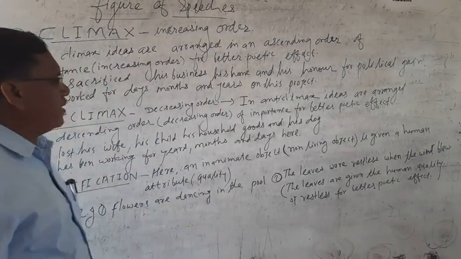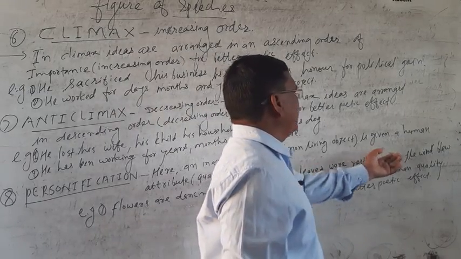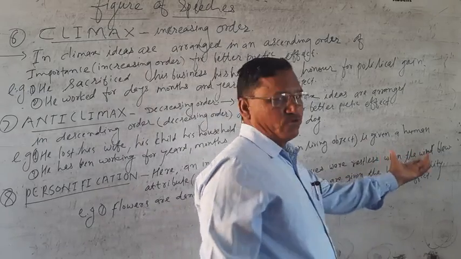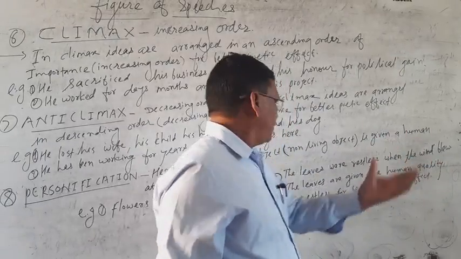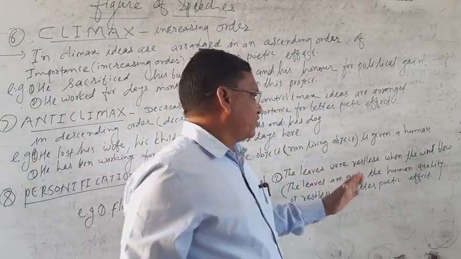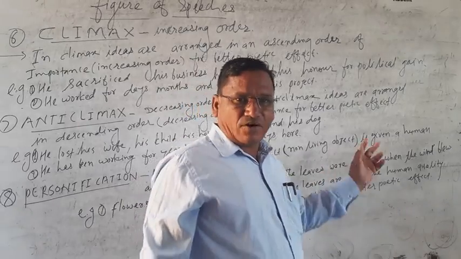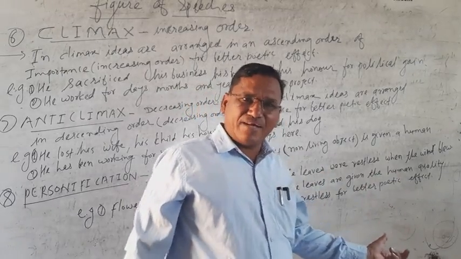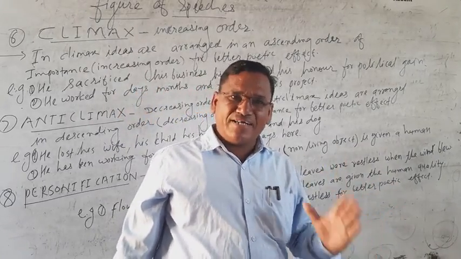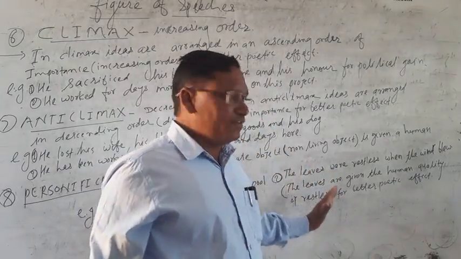For another example, the leaves were restless when the wind blew. Who can be restless? That is a quality of man, because man is a living thing, but leaves are non-living things.